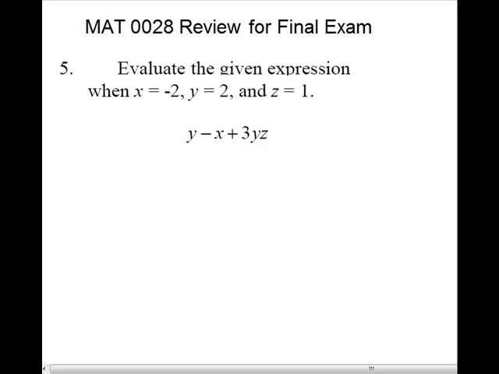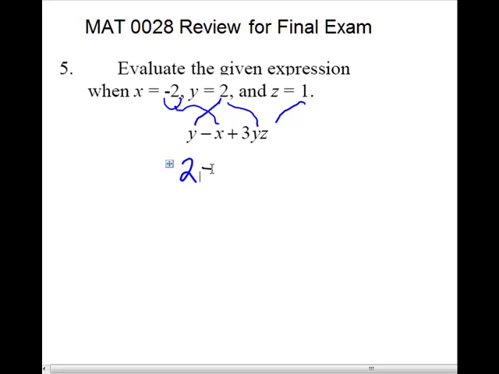Problem 5 is an evaluate problem, which means we're going to substitute. Substitute the given values into the variables and then use order of operations. So 2 is going into the y, negative 2 is going into the x, and 1 into the z, and this y will also go in the other spot. Right, so first we're going to plug in a y, which is 2.